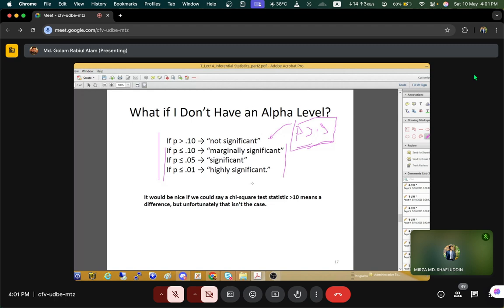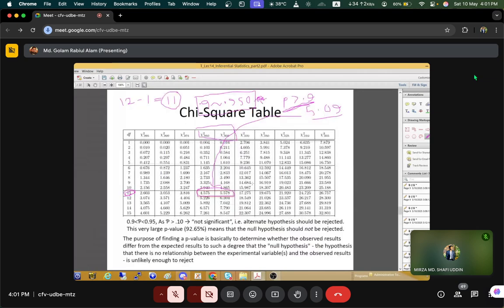Not significant means we should not reject our null hypothesis, so the alternate hypothesis should be rejected.